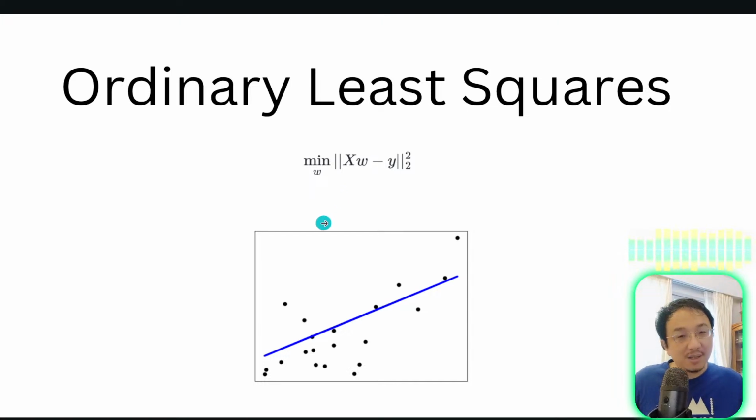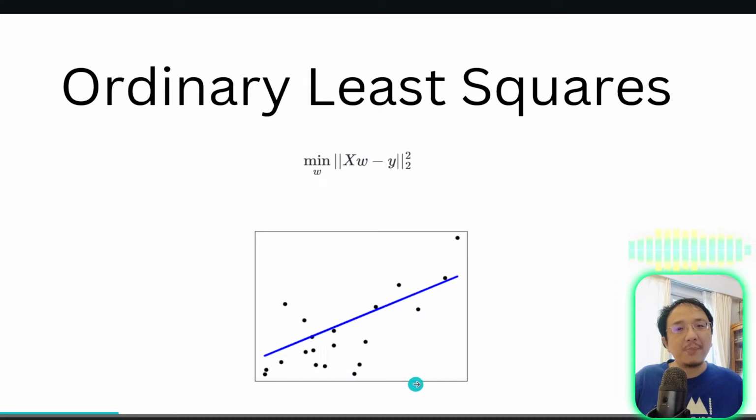But for visualization, it is easier to understand if we only consider a one-dimensional feature. So in this case, X is just the x-axis, and we get some y's here. The y is the data that we collect. We want to train the algorithm.